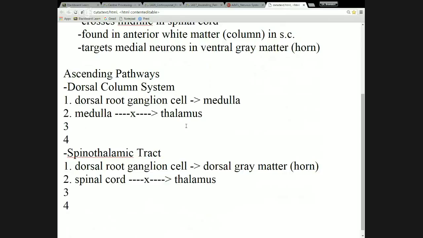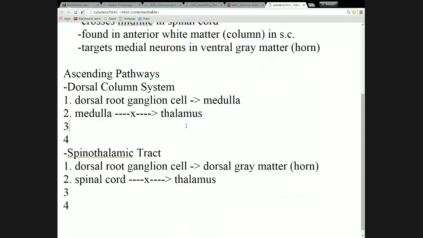Its axon comes off of the cell body that's in the spinal cord gray matter, and it travels all the way up to the thalamus. It's the spinothalamic portion of the tract. But we're considering the whole tract here. And I left that X in the arrow here because that's the axon that crosses midline also.